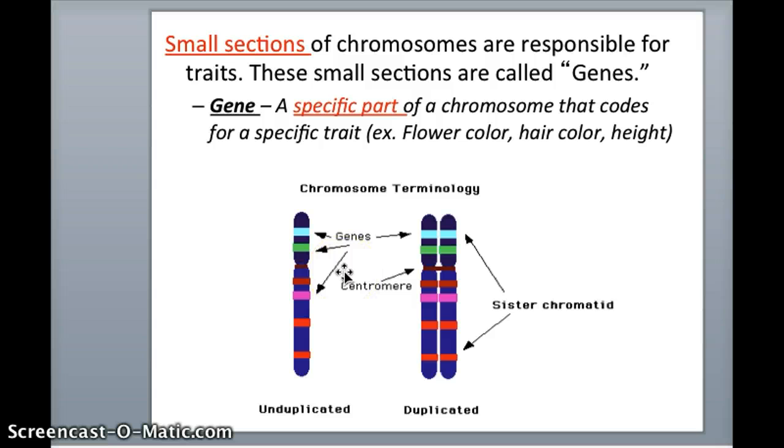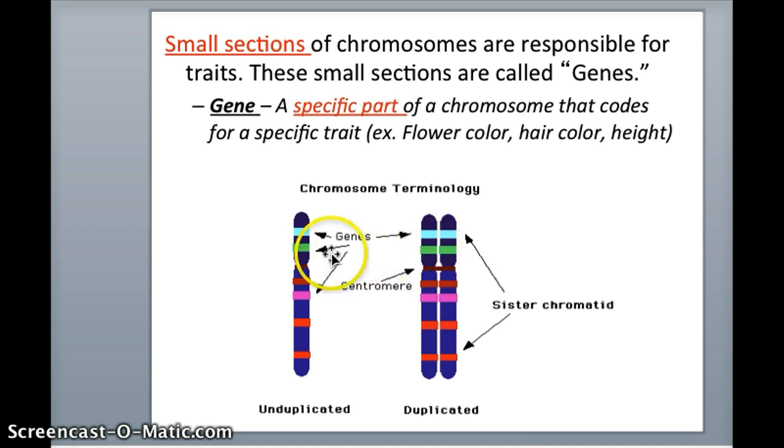So let's look more closely at these chromosomes, okay? If you look really closely at chromosomes, they can be divided up into these little sections called genes. And if you remember the Bill Nye video, a gene is a really specific part of a chromosome that codes for a specific trait. So for example, there's a blue gene, and this one might be for flower color.